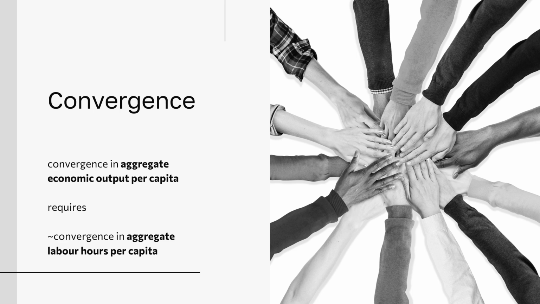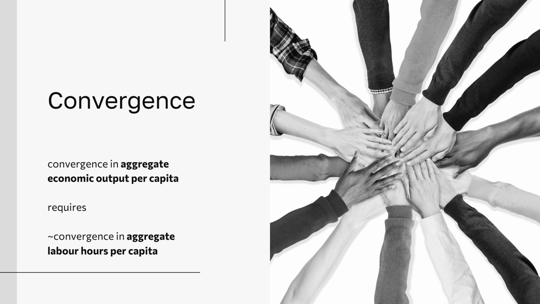So this updates our convergence hypothesis. Remember, in the classic exogenous neoclassical framework, we don't really have a good explanation as to why convergence isn't happening. Well, through endogenization, we now have a much better explanation for why we're not seeing the convergence we would hope for.